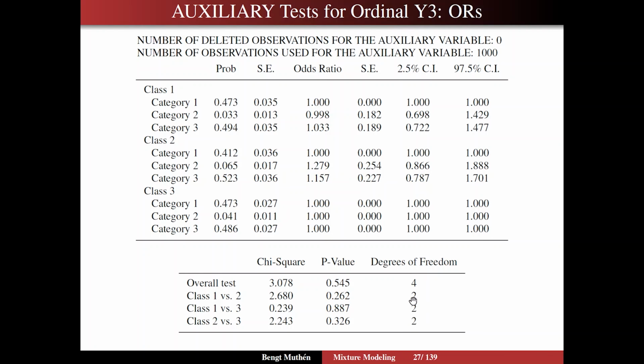We had only 1 degree of freedom for Y2 because it was binary, but now we have 3 categories for Y3, so that when you do testing of probabilities, with 2 categories, you have 1 probability to test because the probabilities add to 1. With 3 categories, you have 2 degrees of freedom because those probabilities add to 1 as well.